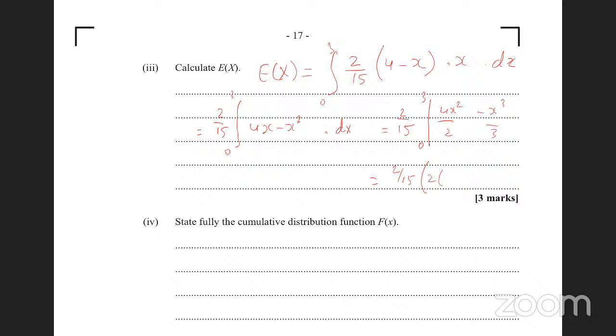So that'll be 2 by 3 squared plus 3 cubed over 3. How much is that? 1.2.